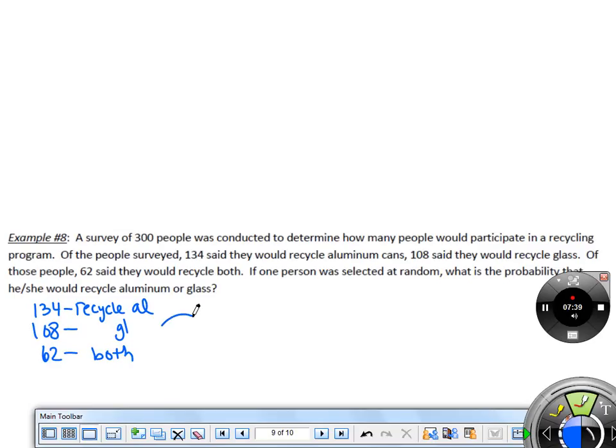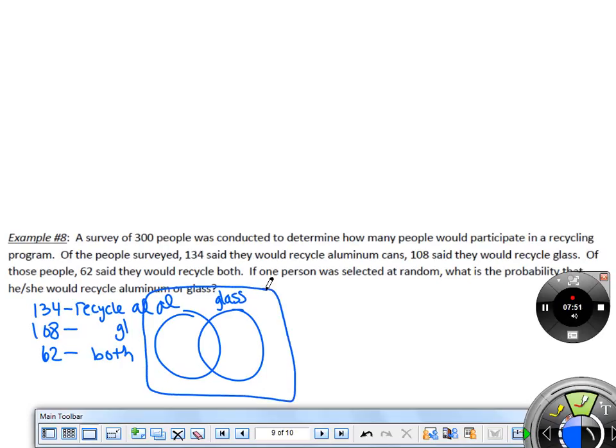So a Venn diagram will help us with this because of the overlapping portion. So I'm going to call this aluminum and this glass. Okay. And then outside of the circles will be the people who don't want to recycle. So 62 people said they would recycle aluminum and glass. 134 said they would recycle aluminum, but that includes the 62 that said they would do both.